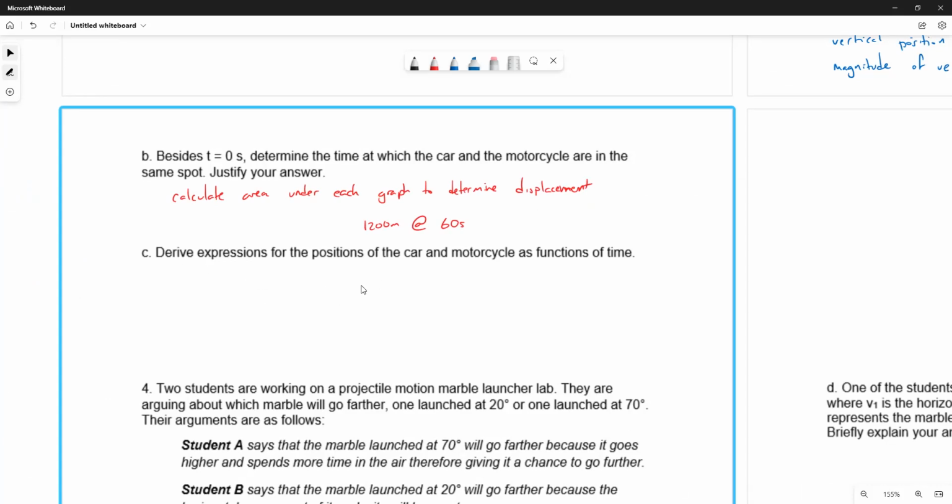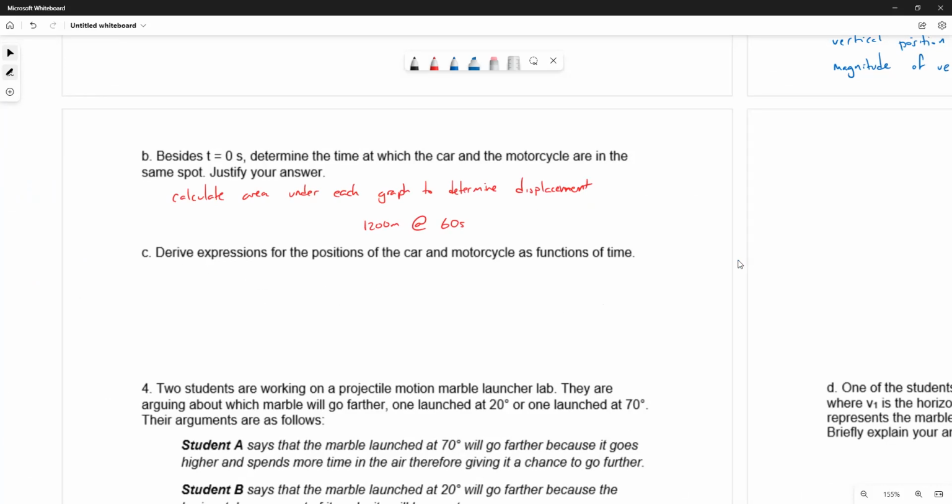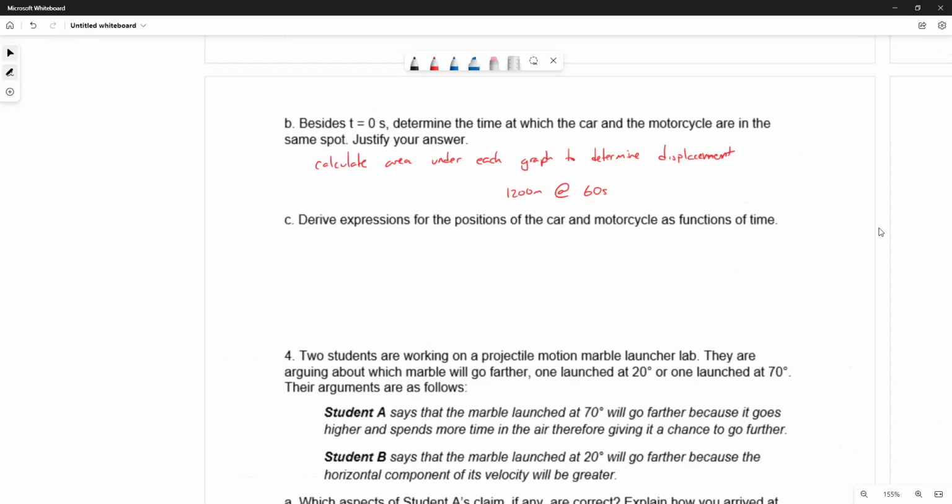Next, derive expressions for the positions of the car and the motorcycle as functions of time. Really just looking at the graphs and writing equations for those graphs in terms of position rather than the velocity that you're seeing there, right?